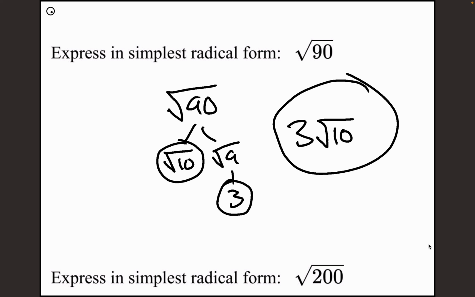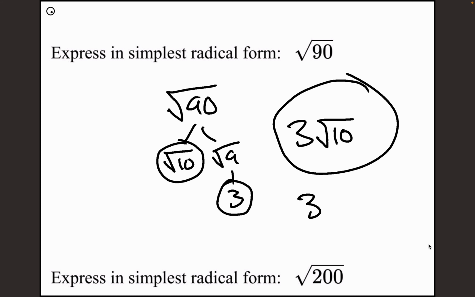Yeah, just 3 square root 10. Okay, do we all get that? You can't simplify square root 10. But then you have to multiply your square roots times each other.